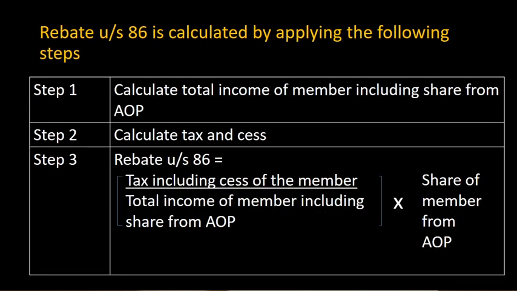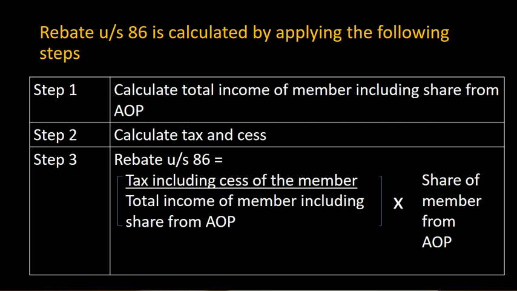Now what they said? Okay, tell me the 86 rebate quickly, sir. So how to do? First calculate total income of members including share from AOP.